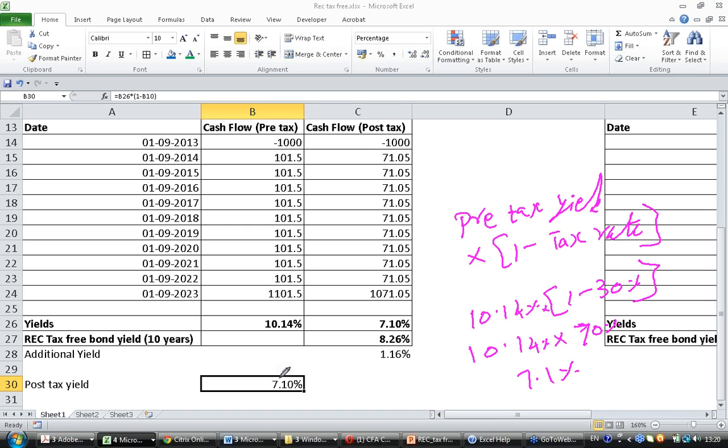So a benchmark bond or a taxable bond gives a post-tax yield of 7.1%, whereas a tax-free bond gives a post-tax yield of 8.26%. So by investing in a tax-free bond, an investor gains 1.16% more, right? So that's why probably you should consider investing in this bond. While we are not recommending or de-recommending REC bond, this is how you have to analyze a tax-free issue.